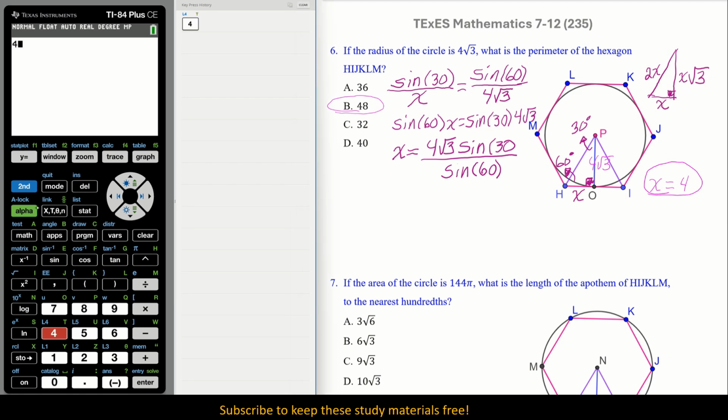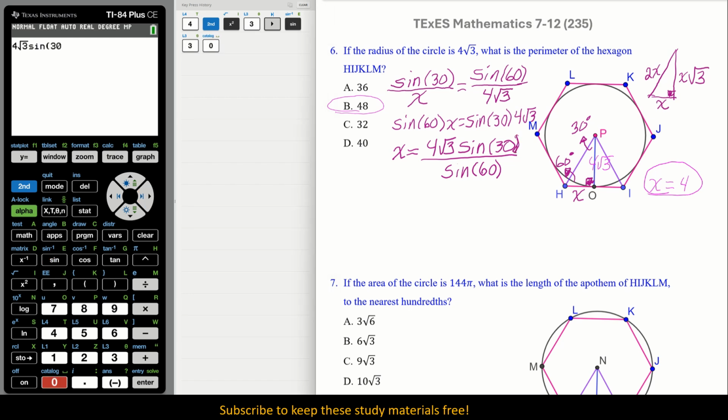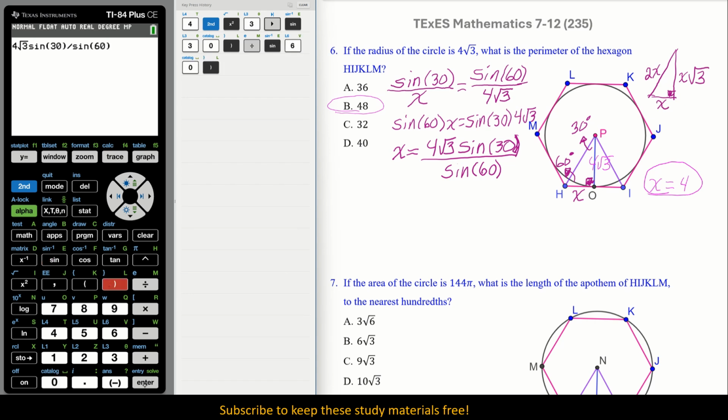All right, 4 second square root 3, scoot over. Notice how I arrowed over. Sine of 30, I have a parentheses here. Sine of 30, close your parentheses, divide by sine of 60, and I like to close my parentheses, and that equals 4.